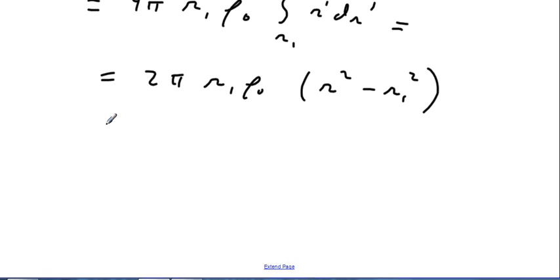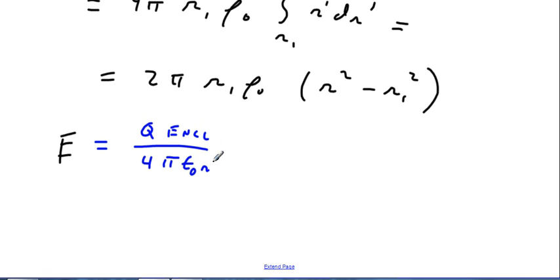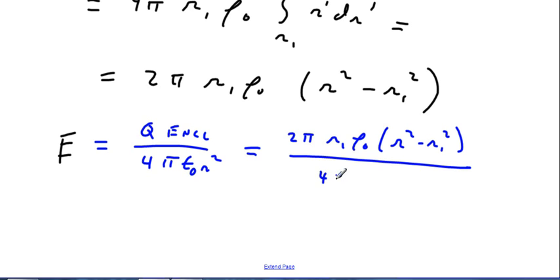All right, so E, which is what we're looking for, is the enclosed charge divided by 4 pi epsilon naught R squared. Okay, and I already have the enclosed charge, so that'd be 2 pi R1 rho naught times R squared minus R1 squared, divided by 4 pi epsilon naught R squared.